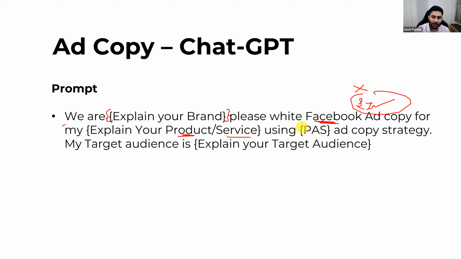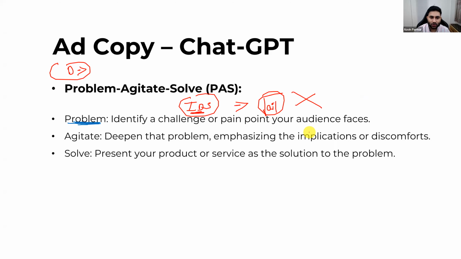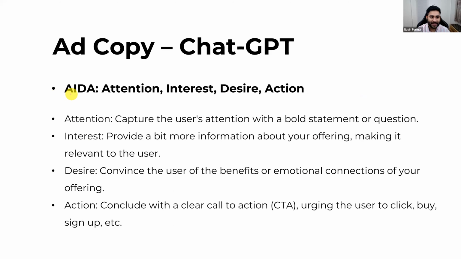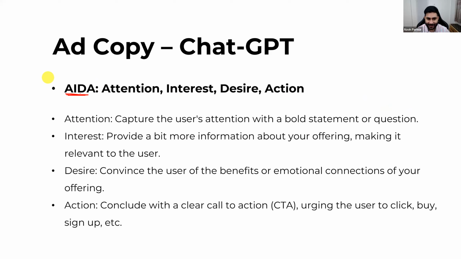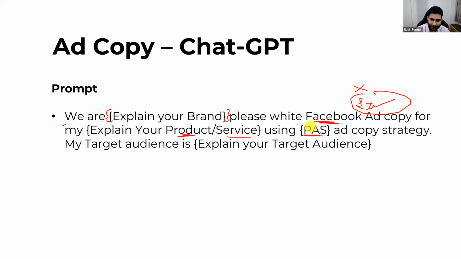Then what you do in this option, which is PAS, you are either going to use PAS strategy or you are going to use AIDA. You just need to mention PAS. ChatGPT will be able to understand automatically, or if you write AIDA, it will be able to understand by using the AIDA ad copy strategy.